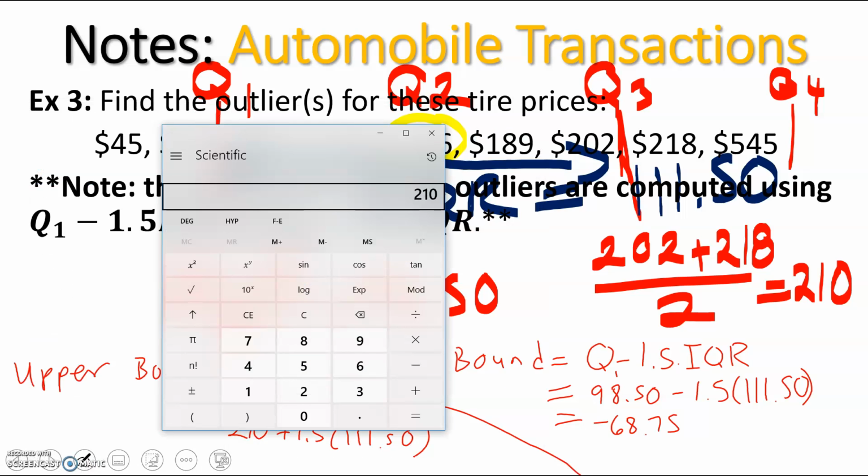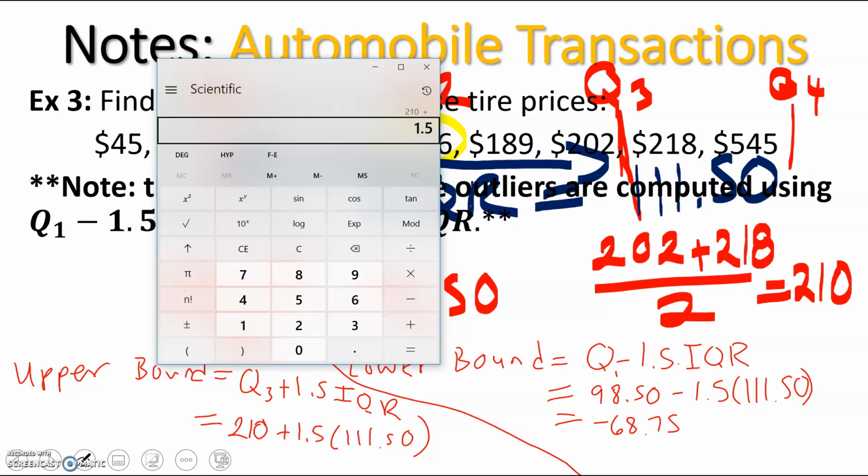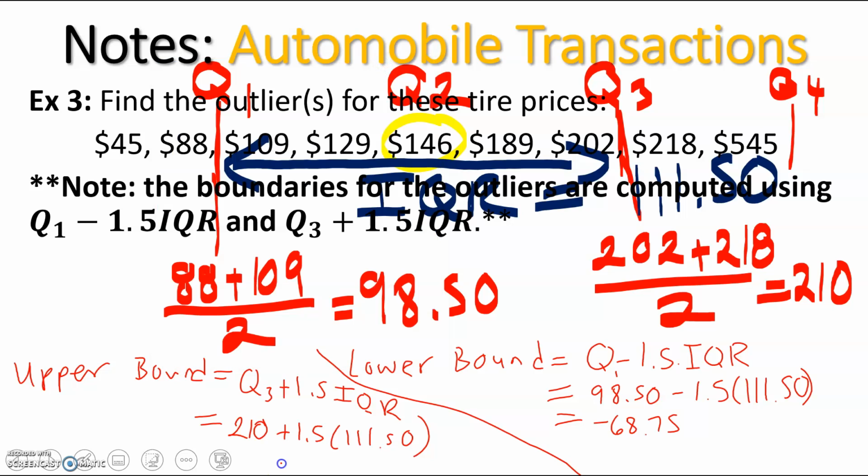So 210 plus 1.5 times 111.50, and that is 377.25. So let's write that down right here, 377.25. Okay, so what this is saying is, if the tire price falls between negative $68.75 and positive $377.25, then it is considered reasonable within this data set. It's considered not to be an outlier.